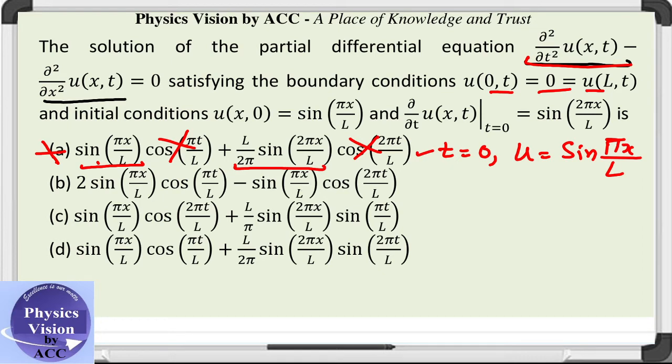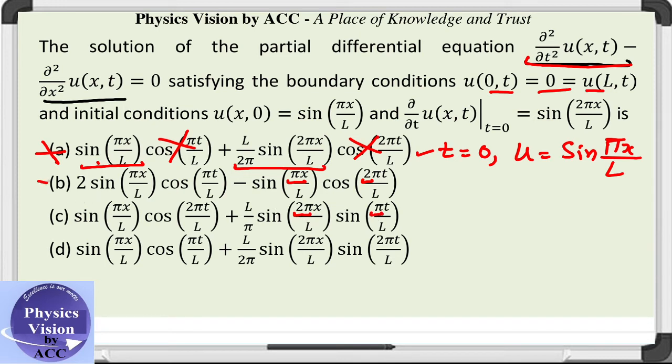Let's go for the second option. There is no symmetry in x and t here. Here we have the coefficient of t as 2 pi by L, and here the coefficient is pi by L. Similarly in option C, here we have the coefficient as 2 pi by L, but the coefficient of t is pi by L only.